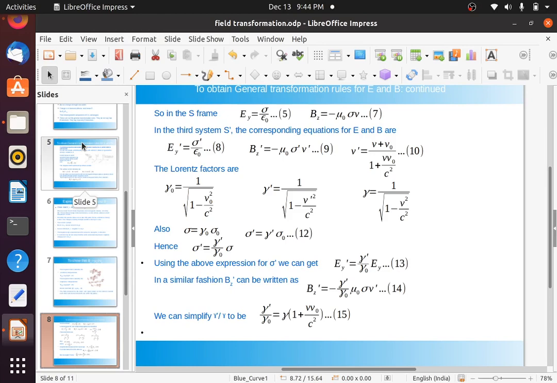In that way you can write. So then gamma dash by gamma 0 can be simplified. There is some mathematics to show that this quantity gamma dash by gamma 0 is equal to gamma into 1 plus V V0 by C square. That is equation number 15.